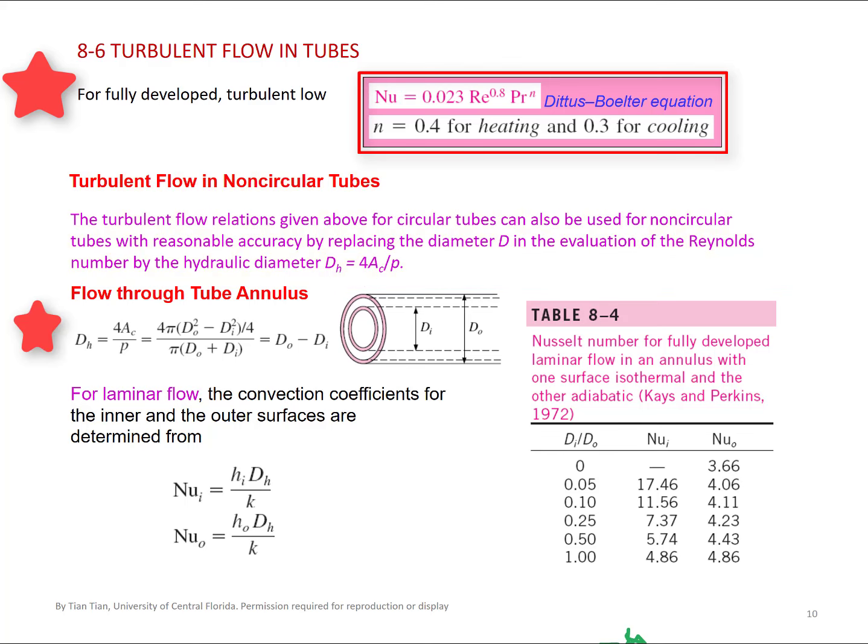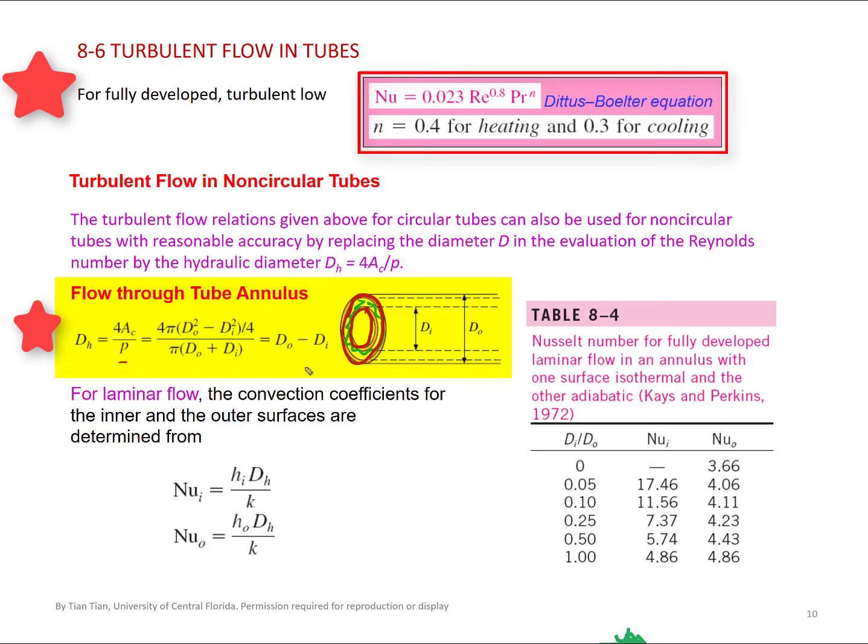Now let's look at a special case, flow through a tube annulus. The hydraulic diameter, remember, is 4 times the cross-sectional area divided by perimeter. The cross-sectional area is this. The perimeter is the summation of these two.